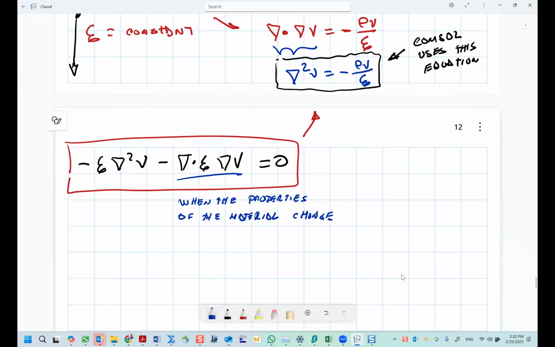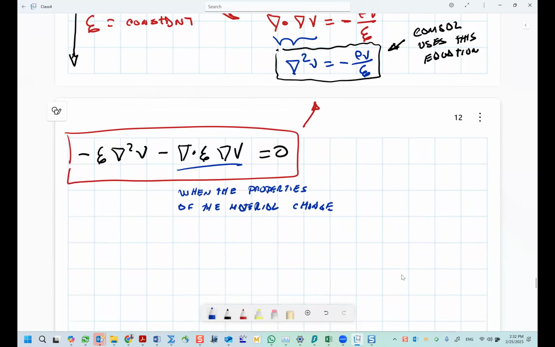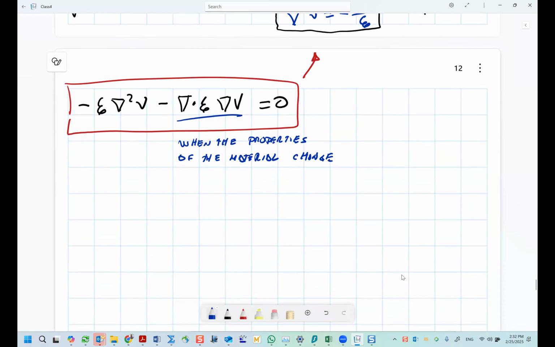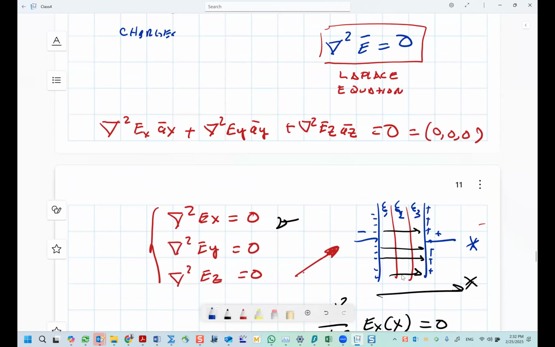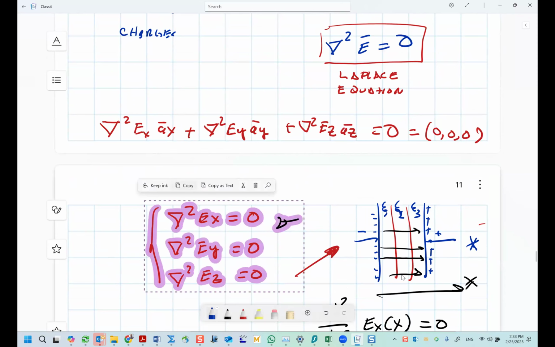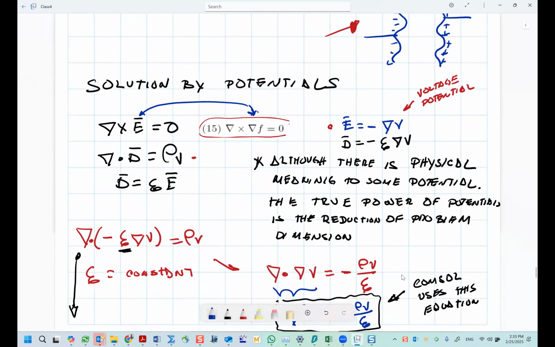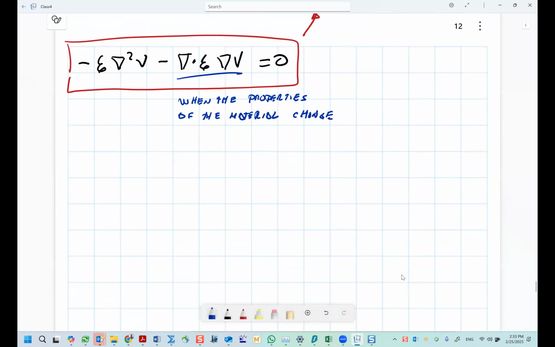Okay, but now let's look at what has happened. This equation that I'm going to steal from here, copy, and paste here.